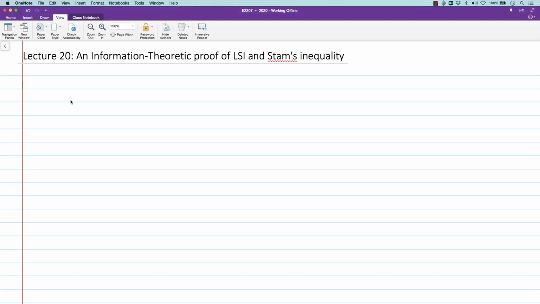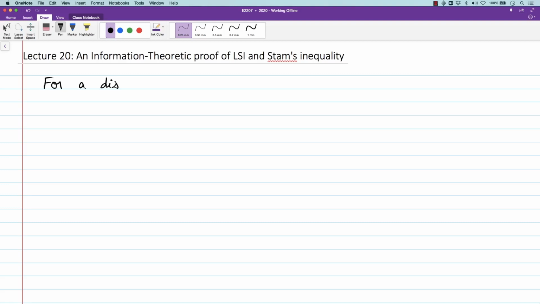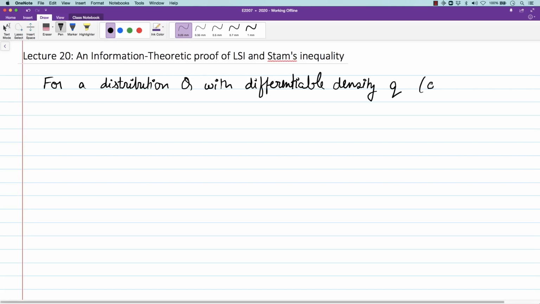Okay, so let's begin. Recall that for a distribution Q with differentiable density Q, we consider two quantities.